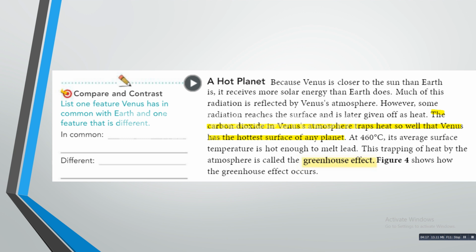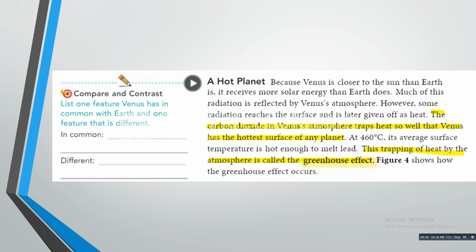One of the factors which makes Venus the hottest planet is the abundance of carbon dioxide in its atmosphere, and the idea that carbon dioxide traps energy inside of the planet. This trapping of the heat by the atmosphere is called the greenhouse effect, which we can also observe on Earth.